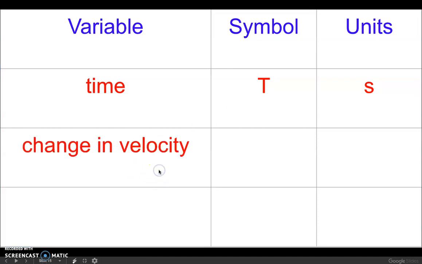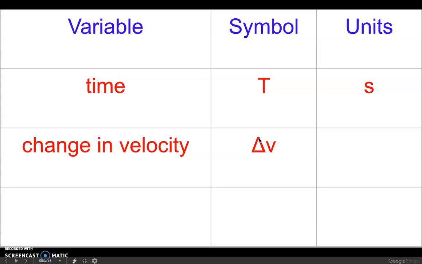Next, our next variable is going to be change in velocity. So we've been talking about velocity. We're going to talk about change in velocity today. And so the symbol, the V is for velocity like we've been using. And then this triangle represents change. That's the Greek letter delta.